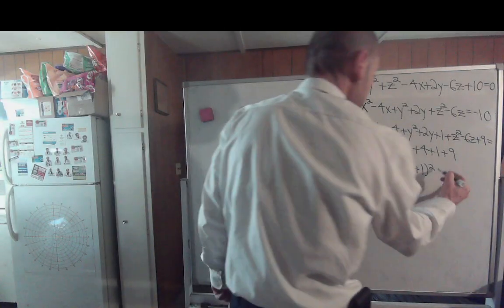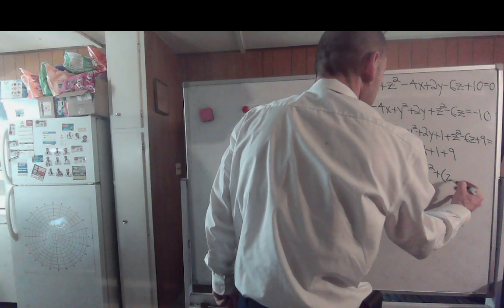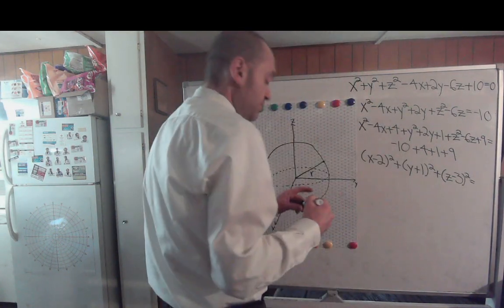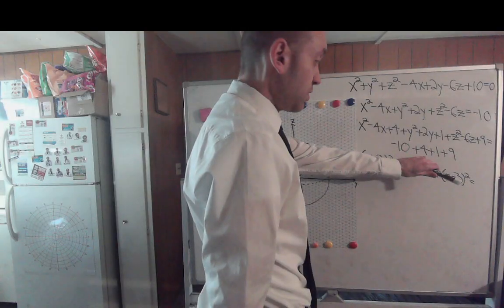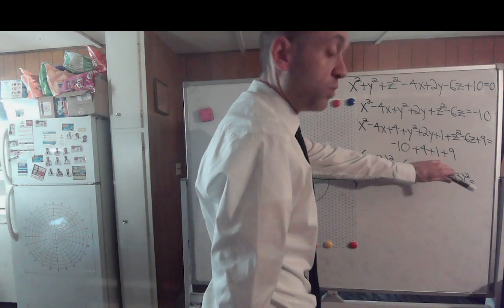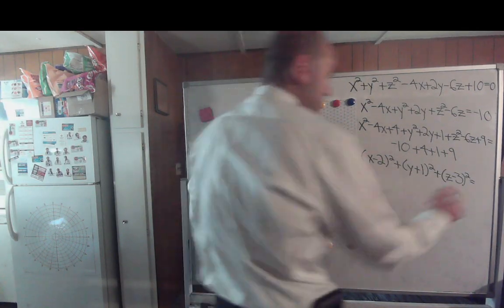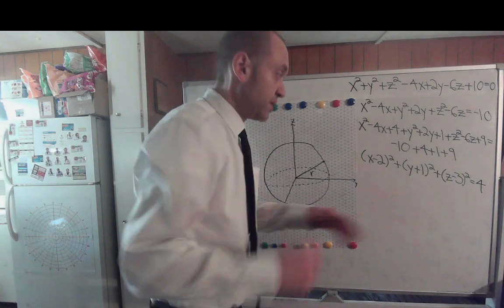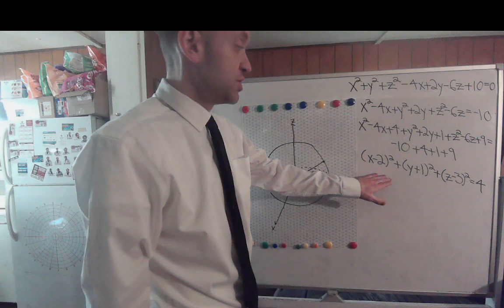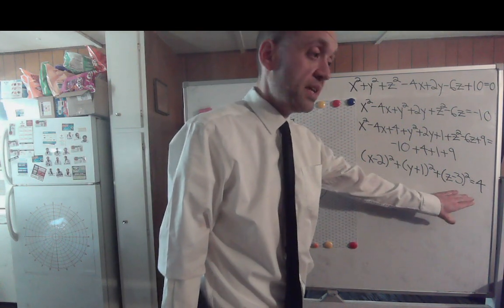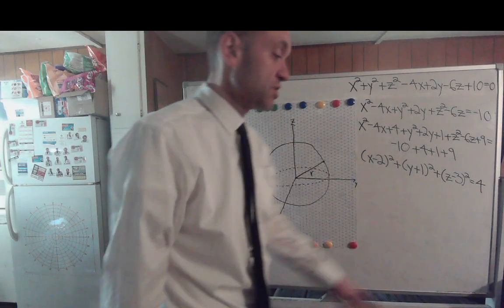Dealing with the z, this would turn into plus z minus 3 quantity squared, is going to equal then this negative 10 plus 4, which is negative 6, plus 1 is negative 5, plus 9 is positive 4. So now you got the equation of a sphere that you can work with. X minus 2 quantity squared plus y plus 1 quantity squared plus z minus 3 quantity squared equals 4.